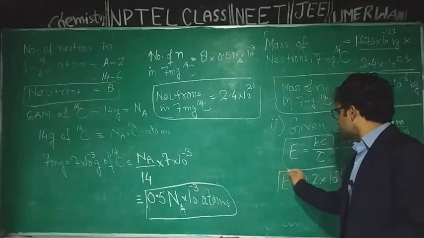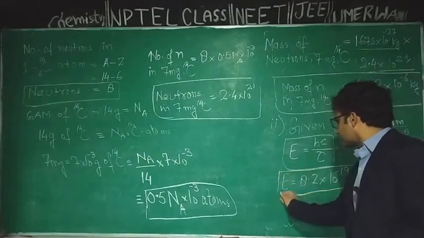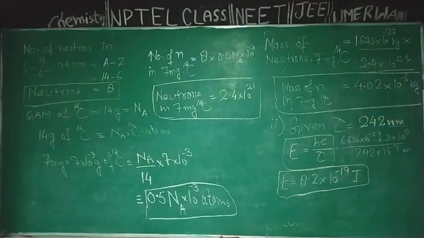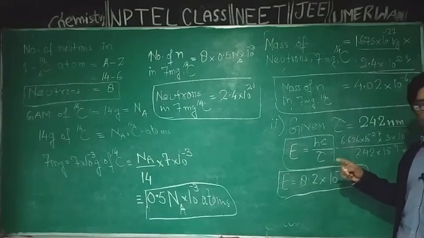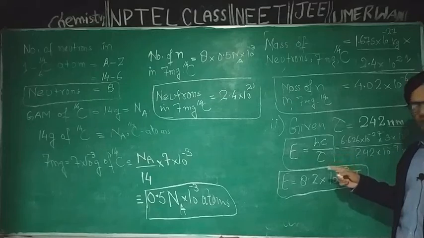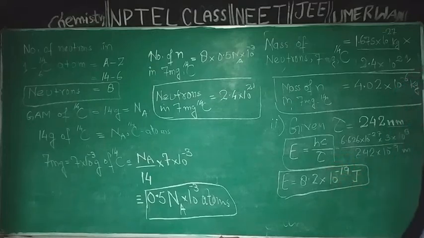This is ionization energy of one sodium atom, 8.2 into 10 raised to power minus 19. To remove outermost electron from sodium atom, this much energy in joules is required from one sodium atom. Now I need to calculate per mole.